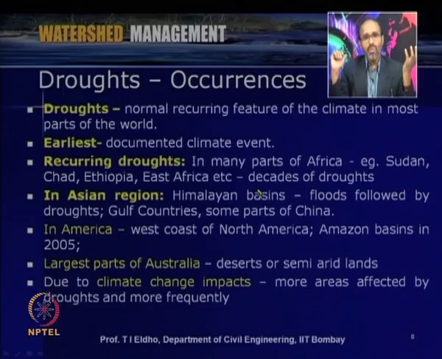And then in the last few years we are discussing climate change and its effects. So we can see that due to climate change impacts, more areas will be affected by droughts, and droughts may take place more frequently.